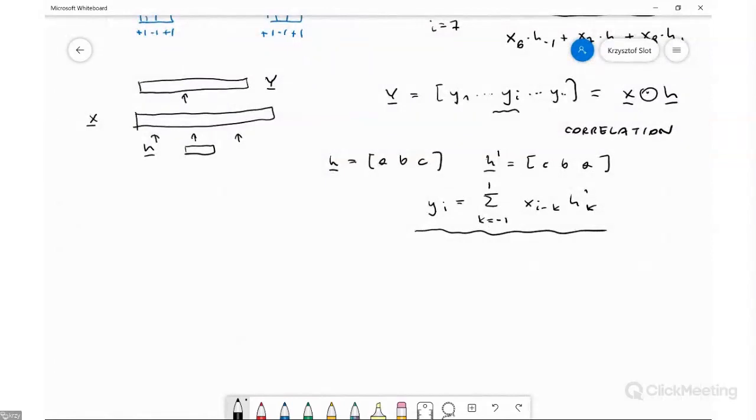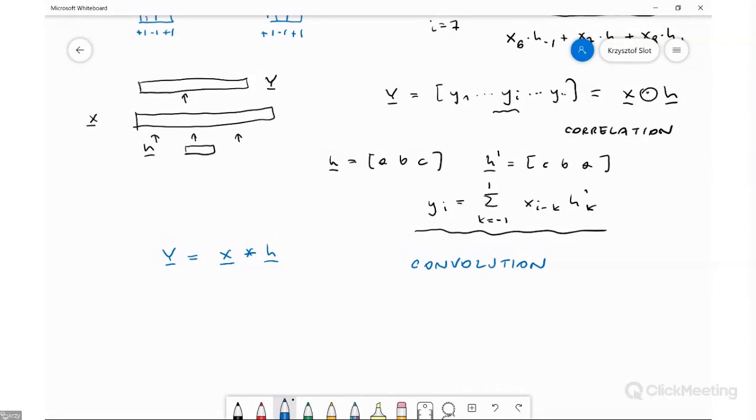But this operation has a different name, one that I'm sure you have heard already. It's a convolution. Convolution is exactly the same as correlation if we flip the filter. A convolution is an operation that transforms two vectors, and frequently convolution is denoted with this asterisk.